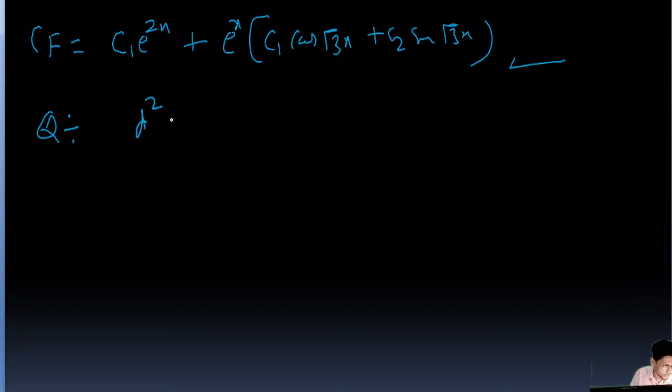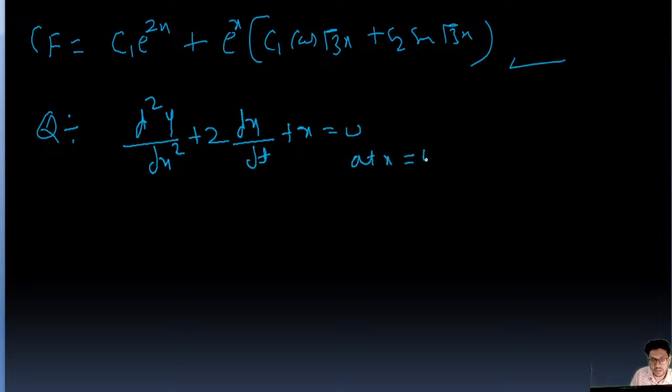It is d2 x over dt square plus 2 dx upon dt plus x equal to 0. You need to solve it, and conditions are given.